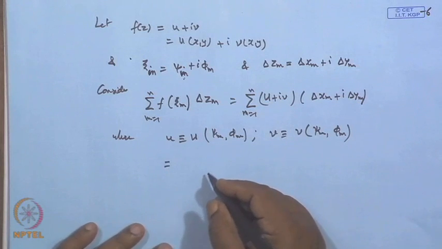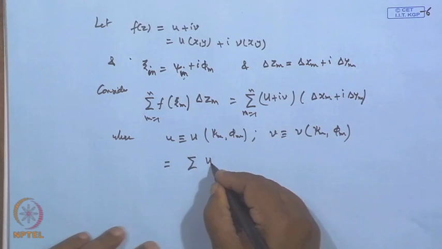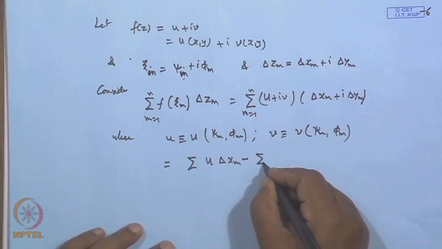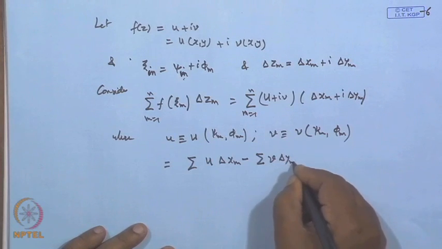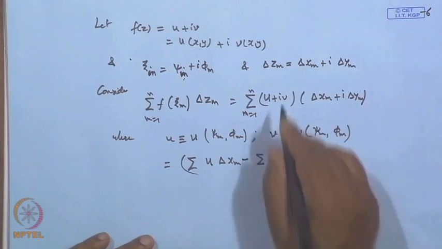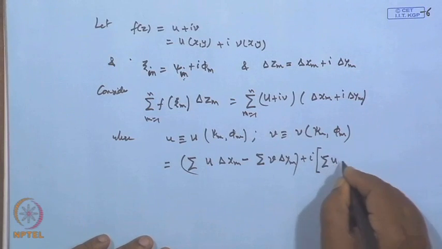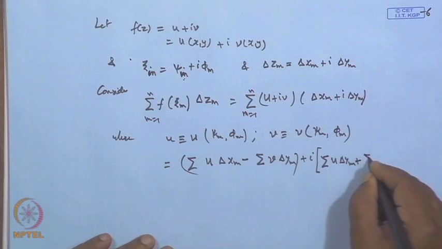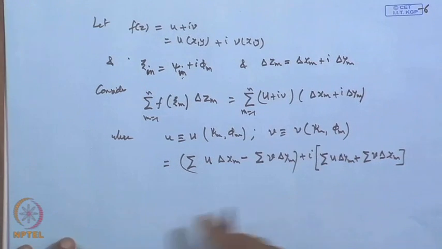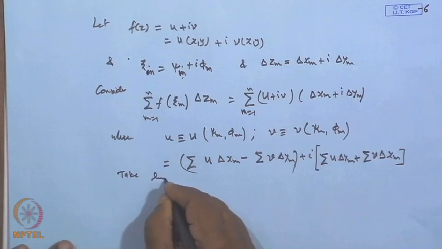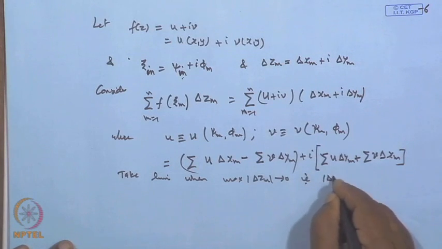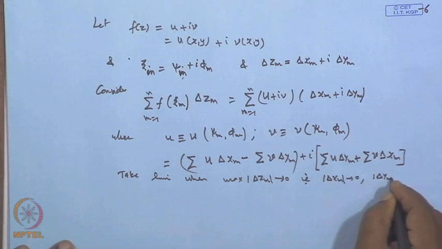Okay. Now, separate out the real and imaginary parts. When we separate them out, we get the sum of u delta x_m minus the sum of v delta y_m, plus i times the sum of u delta y_m plus the sum of v delta x_m. Now, take the limit when the maximum of mod delta z_m tends to 0, that is, delta x_m will go to 0 and delta y_m will go to 0.